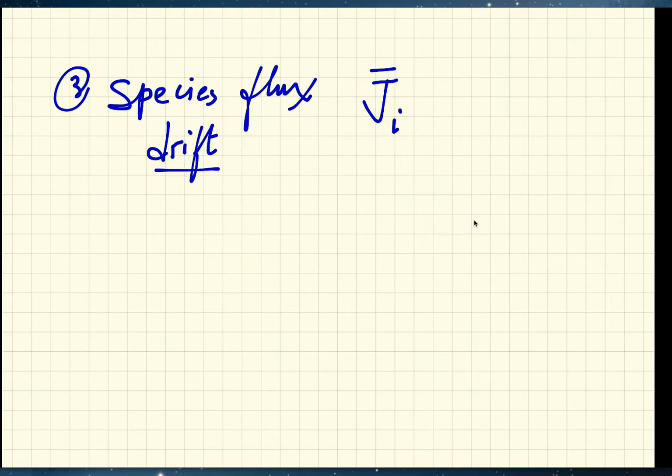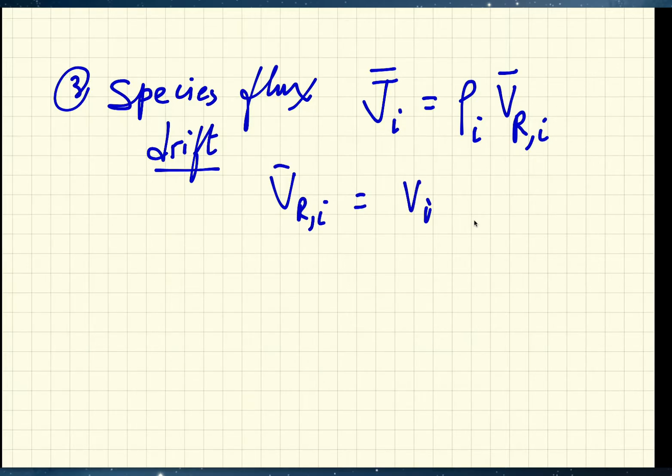Drift means that you have the density of species I times the relative velocity of species I. And the relative velocity of species I is the difference between the actual velocity of species I and the average velocity of the mix.